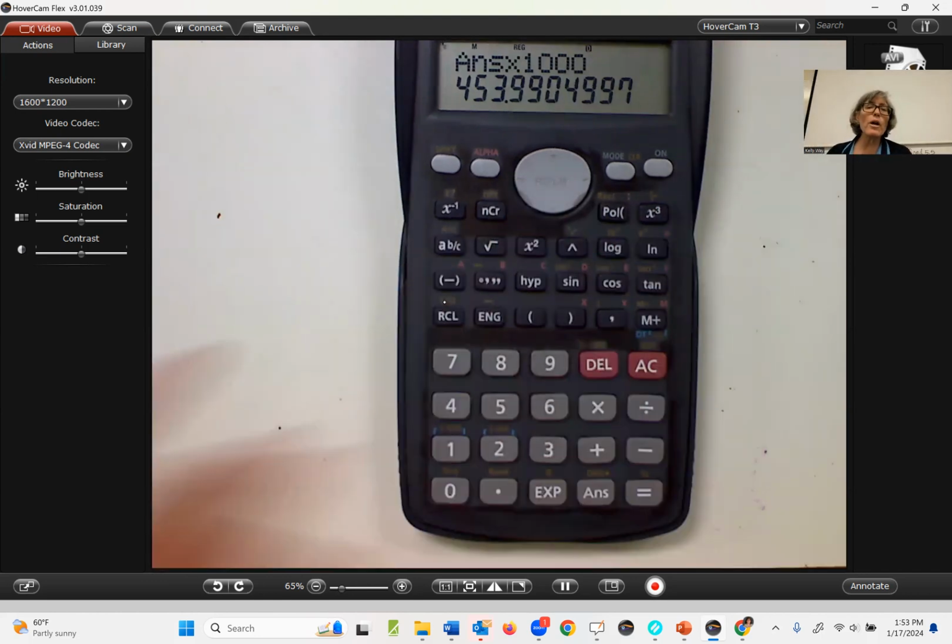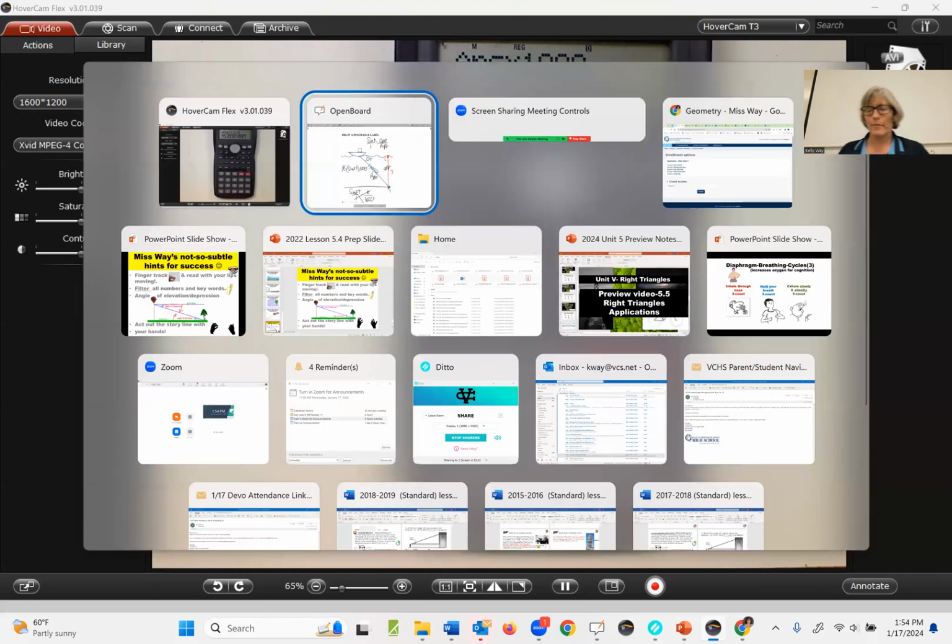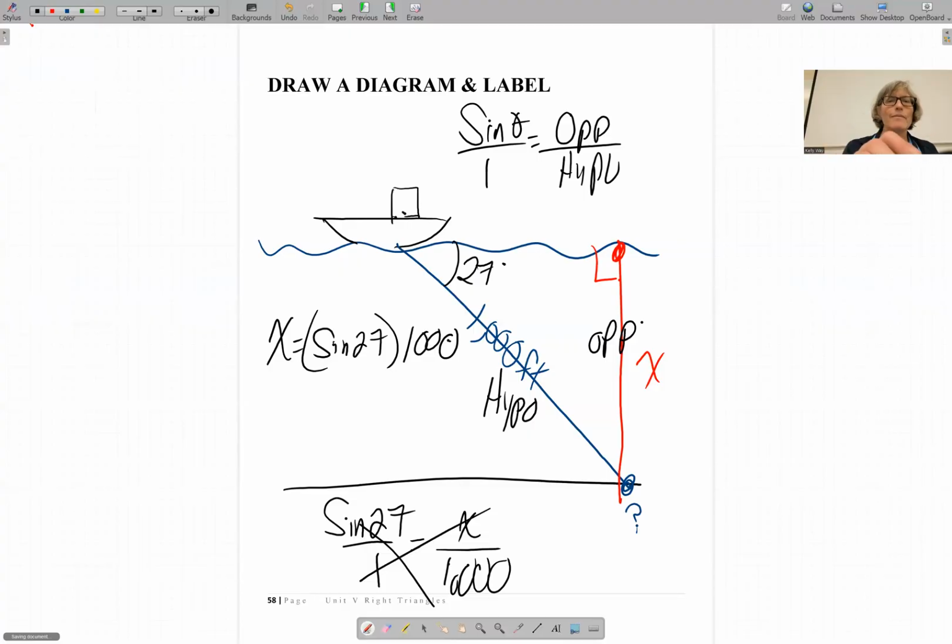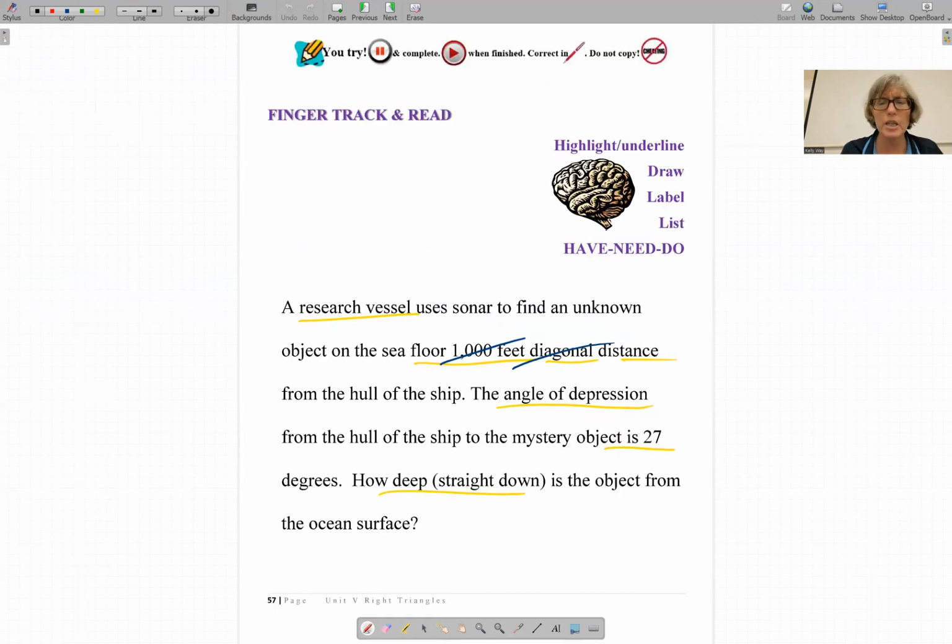And you should have gotten around 453.99. If you rounded that up, no big deal, just show your work. Oh, feet, friends. I think, was it feet? No, I don't think it's feet. It is, yes, it is feet.